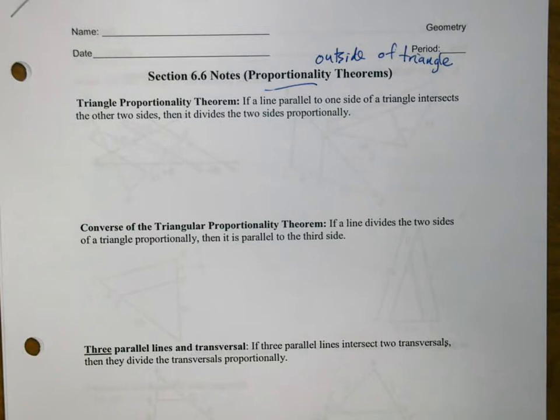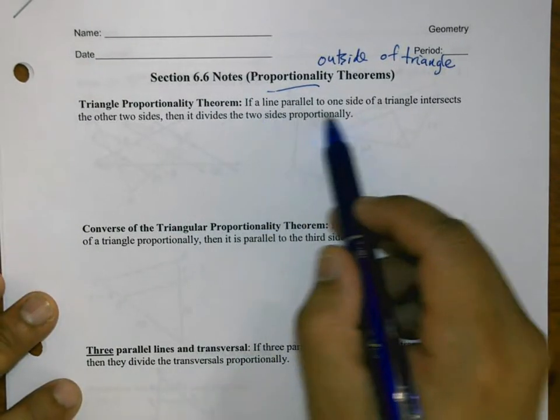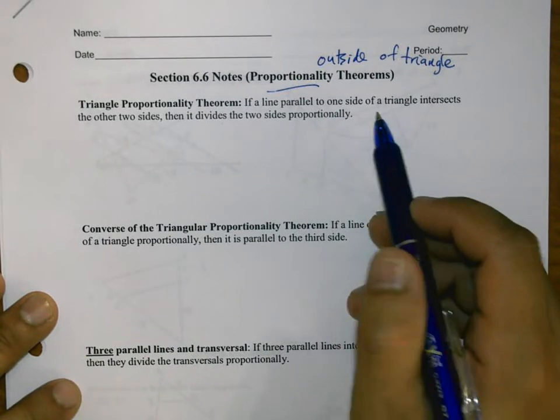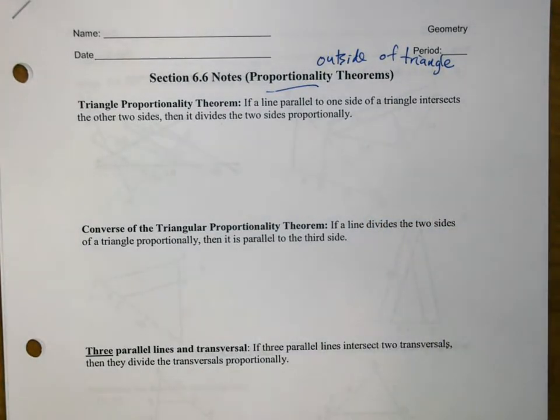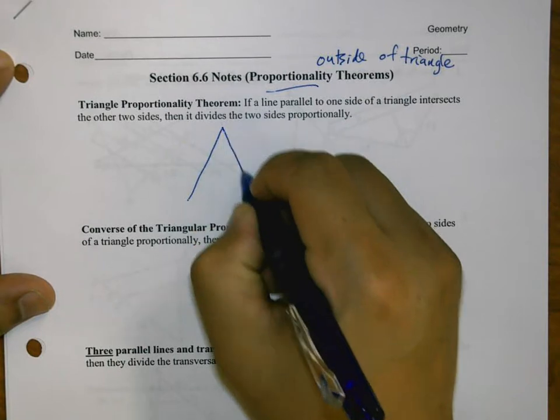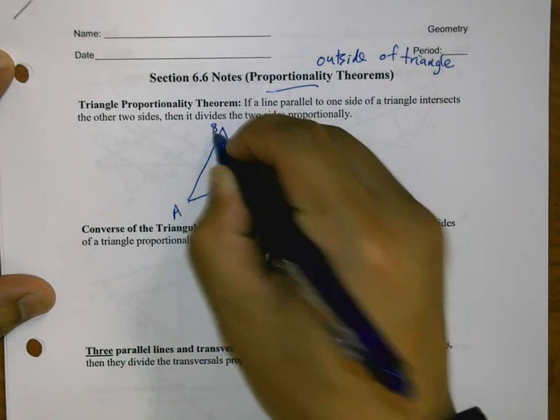So let's go through these theorems, and they're pretty intuitive once we make sense of what the words are saying. So let's go look at the first one. If a line parallel to one side of a triangle intersects the other two sides, then it divides the other two sides proportionally. Okay? So let's say I have a triangle, and let's say this is just named ABC.